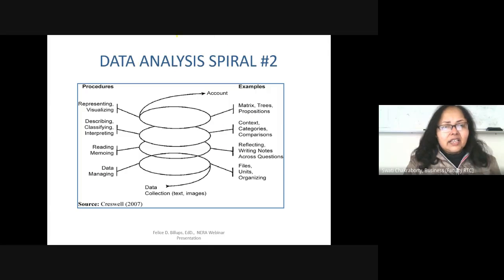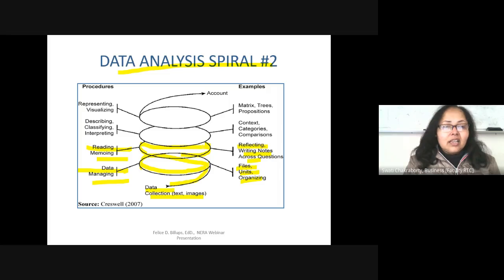The second way of analysis is where we start with data collection: text, images. Here we have files and units, and we are organizing and managing the data. At the second level, reflection happens, writing notes across questions, reading it from where you're getting it.